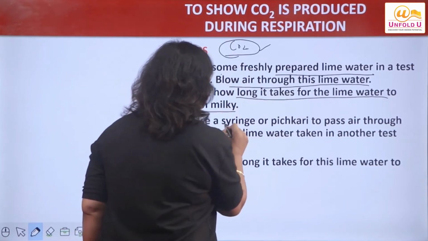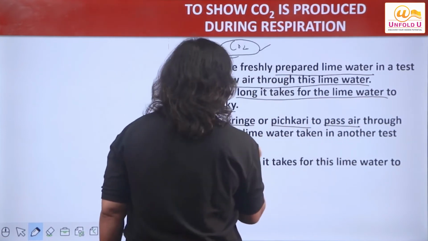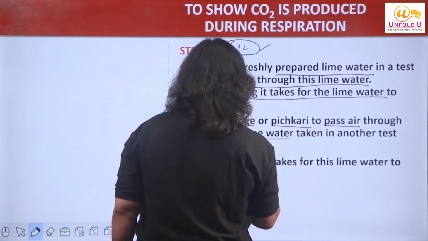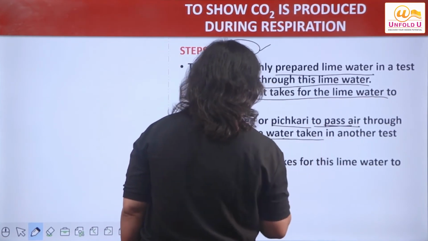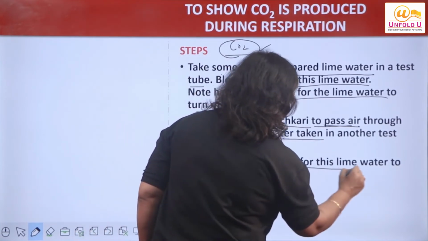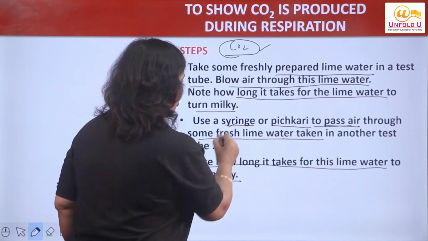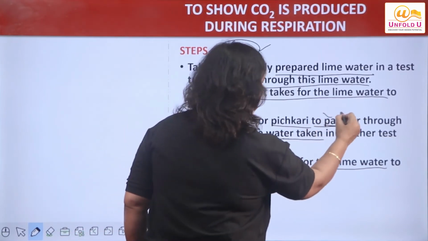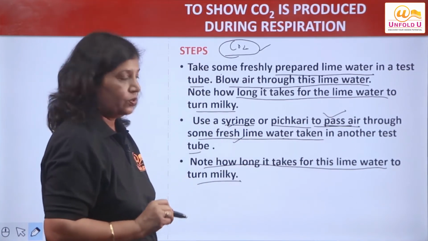In the first case, we have taken a syringe or pichkari to pass the air through fresh lime water taken in another test tube. Note how long it takes for this lime water to turn milky. एक में हमने क्या किया, syringe से पास किया, और दूसरे में हमने air पास की directly through the mouth.